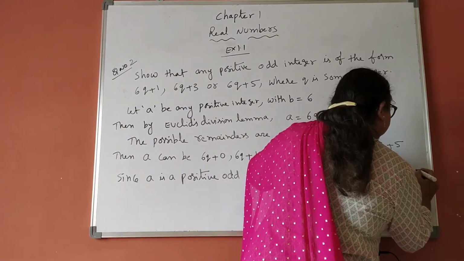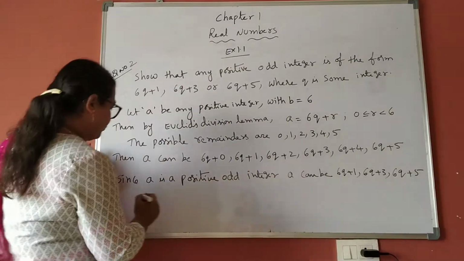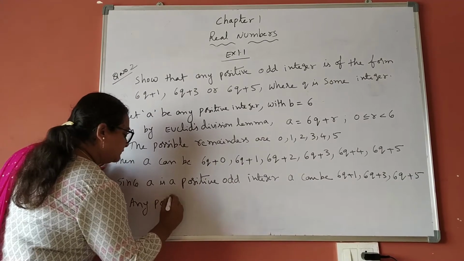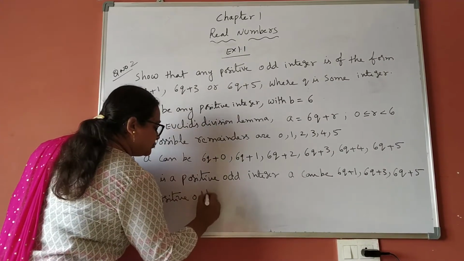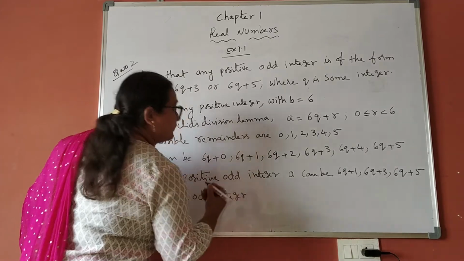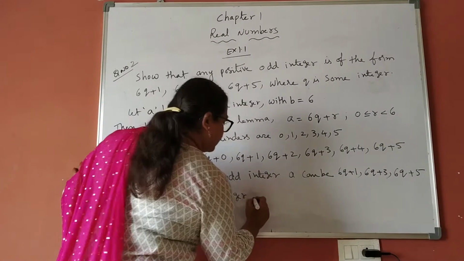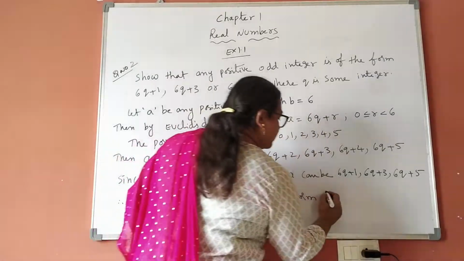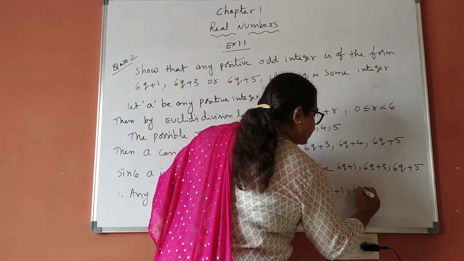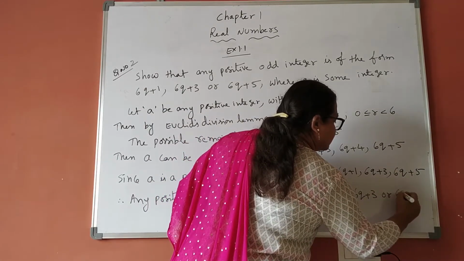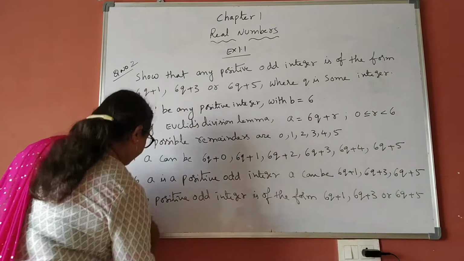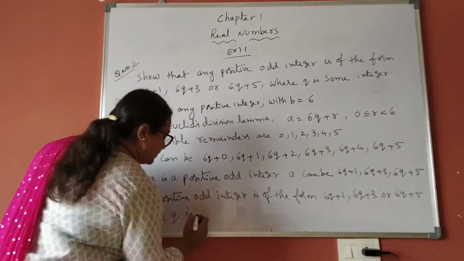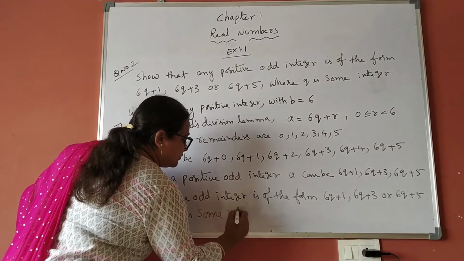So 6q plus 5. Therefore any positive odd integer is of the form 6q plus 1, 6q plus 3 or 6q plus 5 where q is some integer.